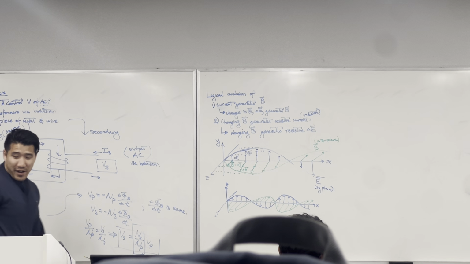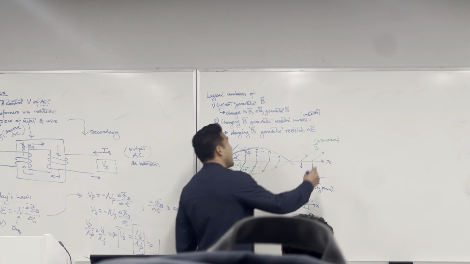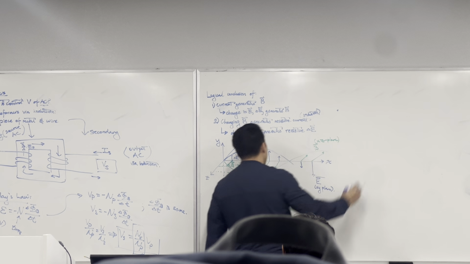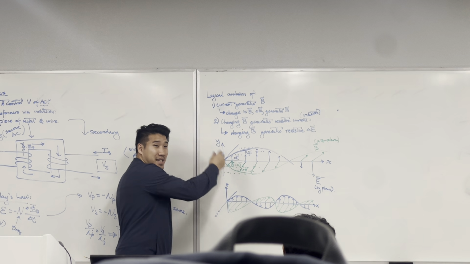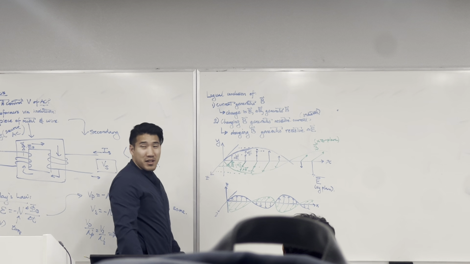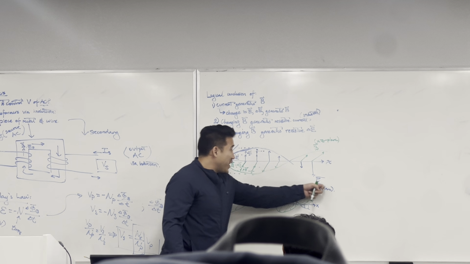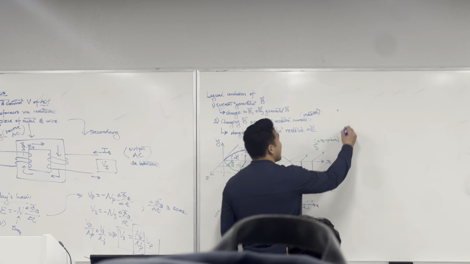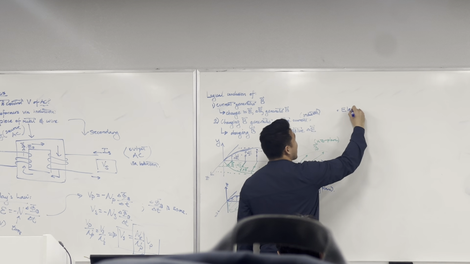So here we can gather a few pieces of information. All I did was say something caused this delta E to happen, this change in electric field. This change in electric field turned into a wave. So electric wave.